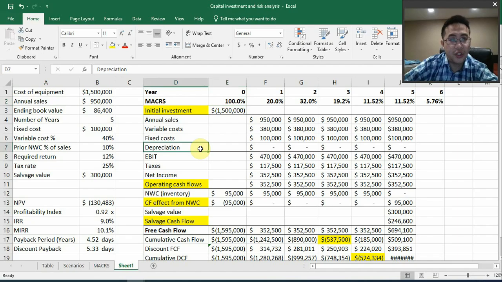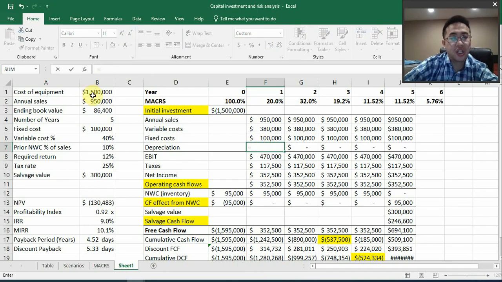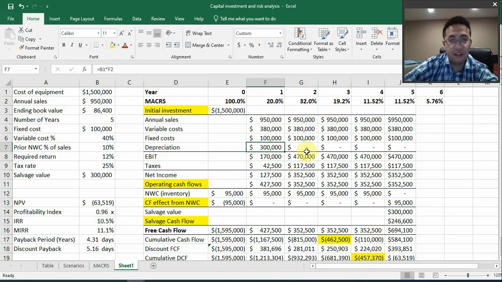How do you calculate the depreciation for each period? Once again, you use the cost of equipment as the base value, and you multiply by the depreciation percentage assigned by the government, which is a given number, and that's your depreciation for the first year.